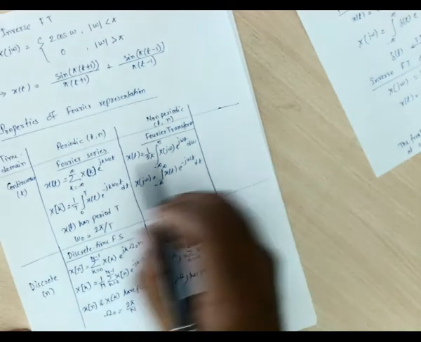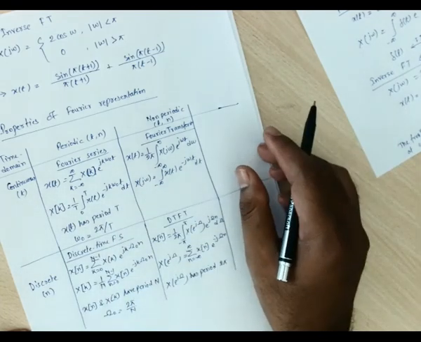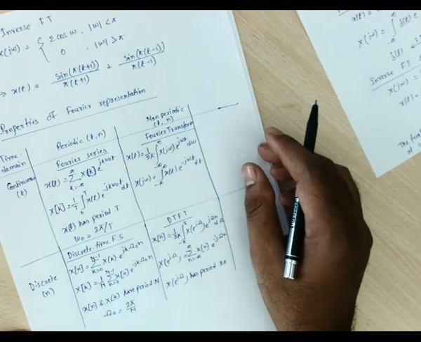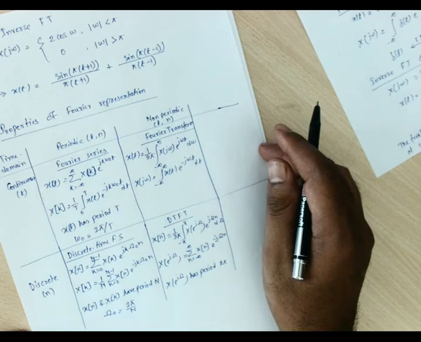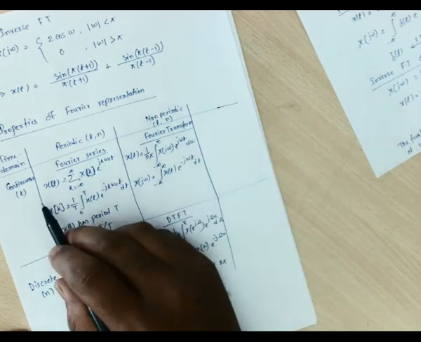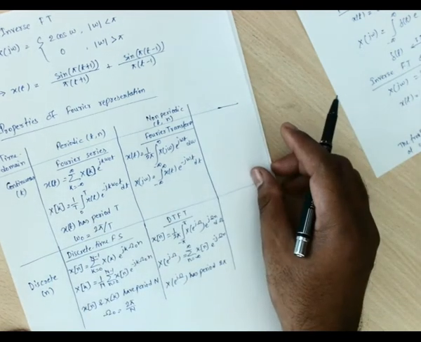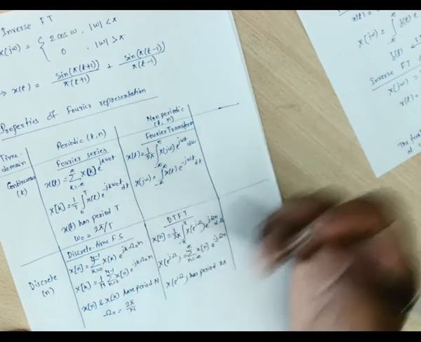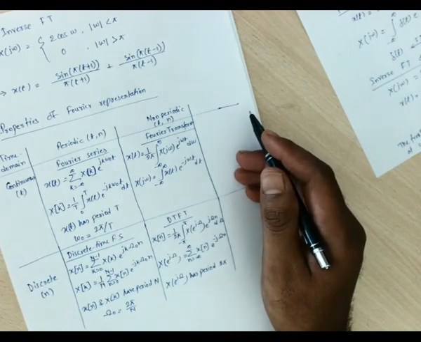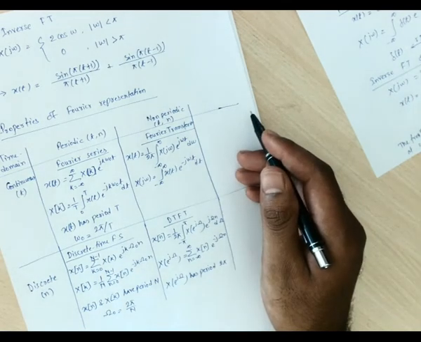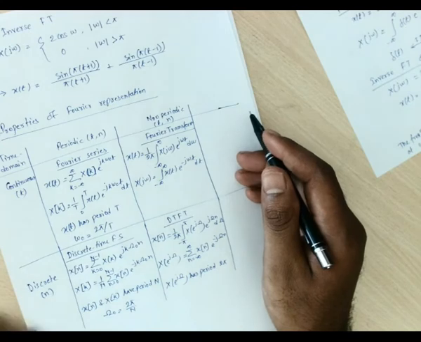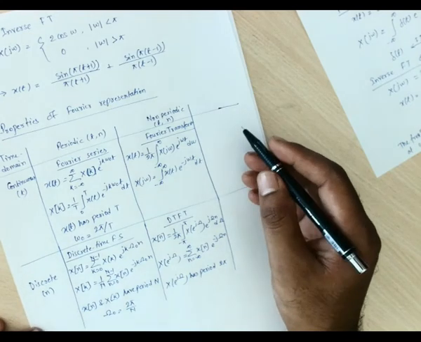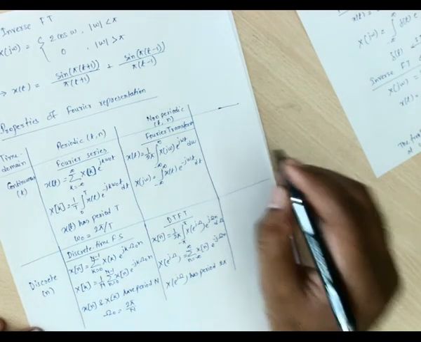Now if we are finding the Fourier series or Fourier transform of a continuous time signal, either periodic or non-periodic, then the frequency domain representation will be non-periodic.